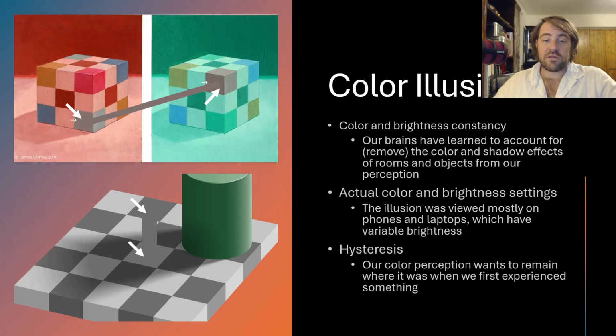So one of those things is that both of these illusions came about during the cell phone age, right? Everyone saw the dress on their cell phone, maybe their laptop. But the thing about cell phones and laptops is you can change the brightness level. Some people like low brightness, some people like high brightness.